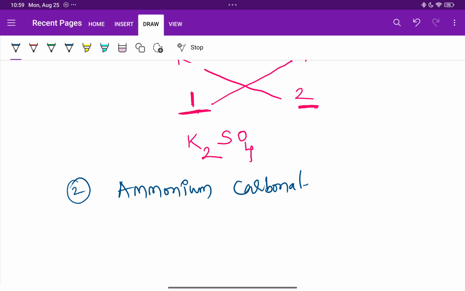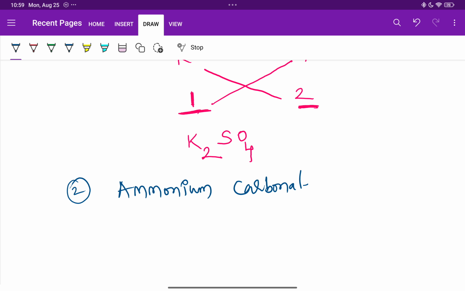So ammonium NH4 is getting subscript 2, then you take a bracket and write 2, and carbonate CO3 is getting subscript 1, so you need not take a bracket and write 1, just write CO3, because if you write CO3 with bracket 1 there is no change. Carbons are 1, oxygens are 3, whether you write the bracket or not. So the formula of ammonium carbonate is NH4 taken twice, CO3.